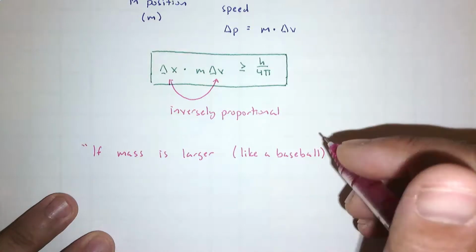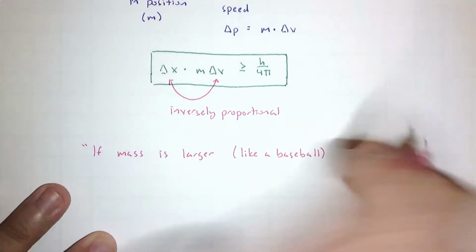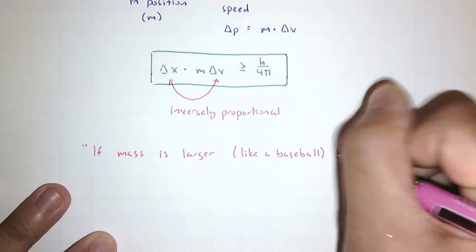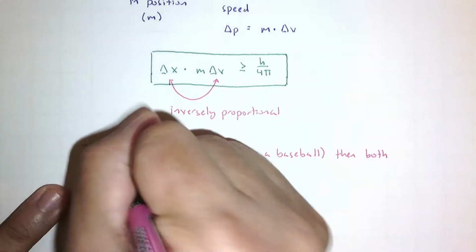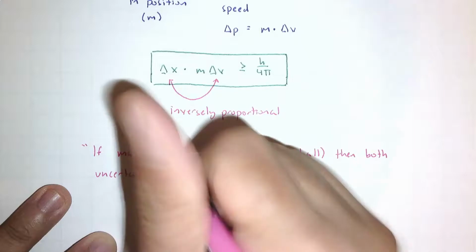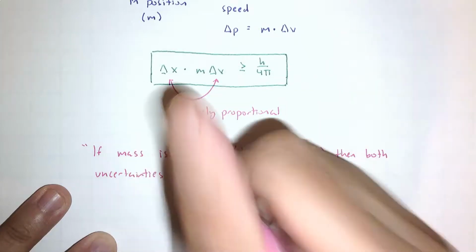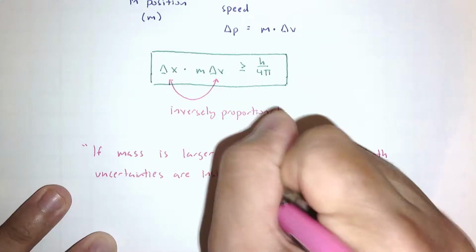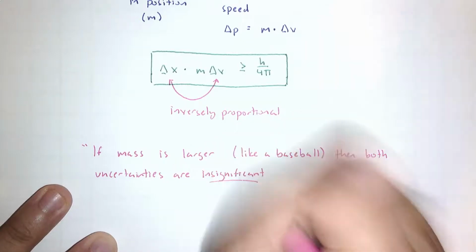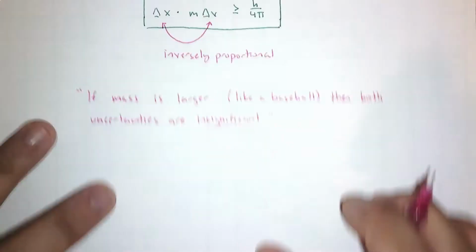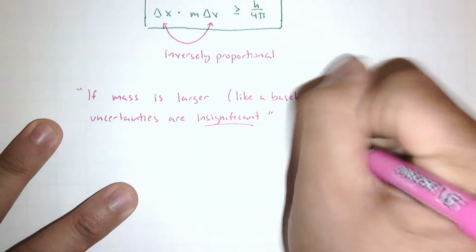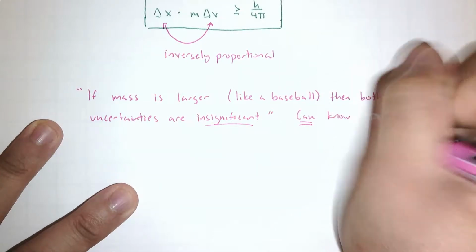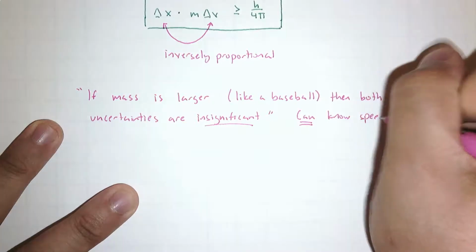And let me write that down. What Heisenberg said is that then both the uncertainties are insignificant. So what that means is you can pretty certain locate a baseball and know its speed at the same time. You can know speed and location.